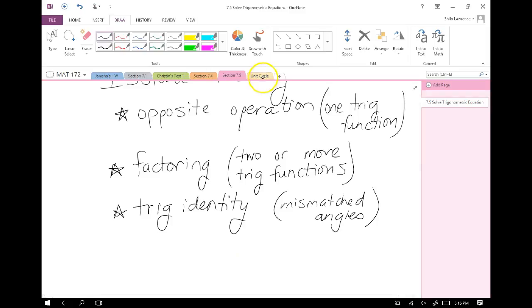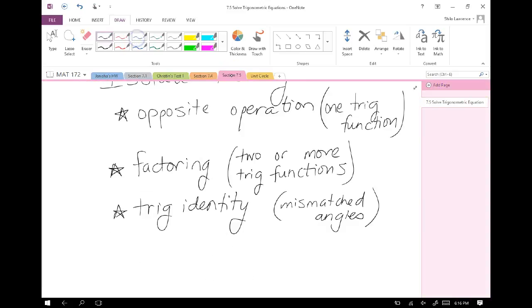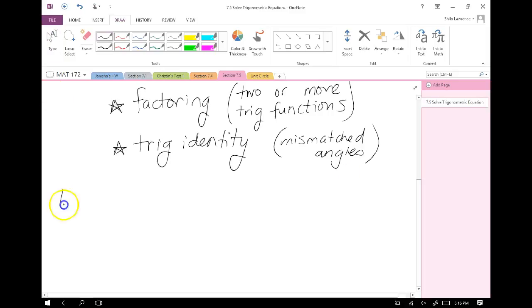And if I've got sine theta equals some number, I can go on my unit circle here and see where sine equals that value and give back my answers. Now, if it's not a value on my unit circle, then we would just have to rely on the calculator. But for most of these, they're going to be values on the unit circle. So let's go through some examples. And I'll do a couple of each of them.